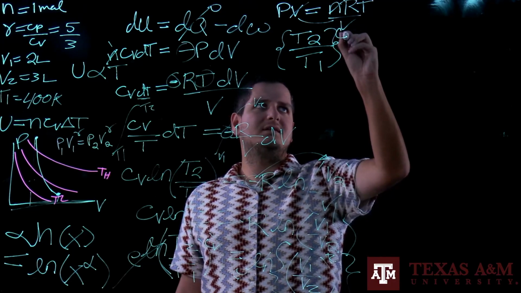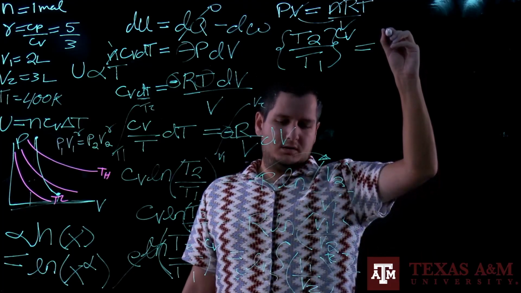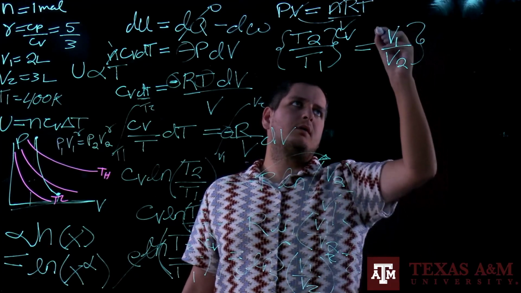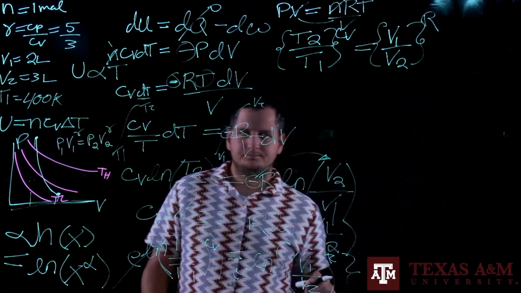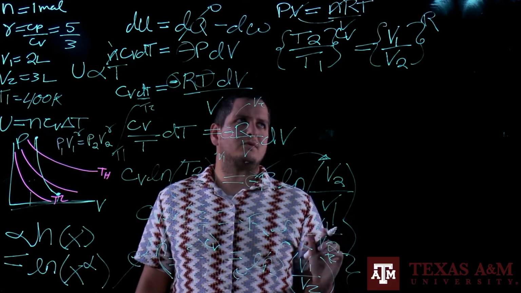This is CV is equal to V1 over V2 to the R. Okay. That's good. It's not the final form.